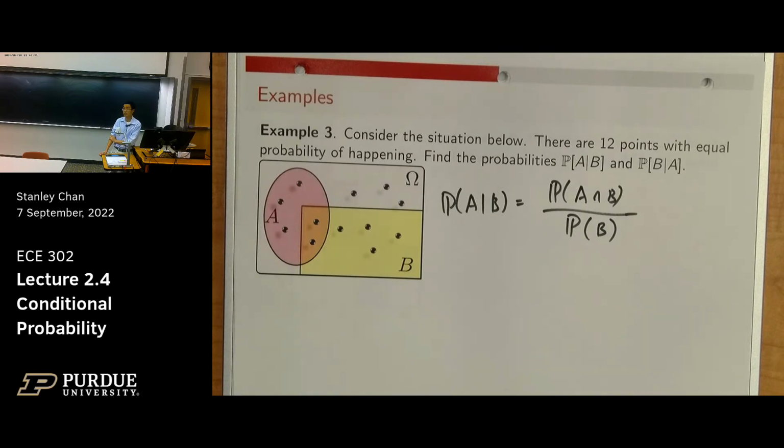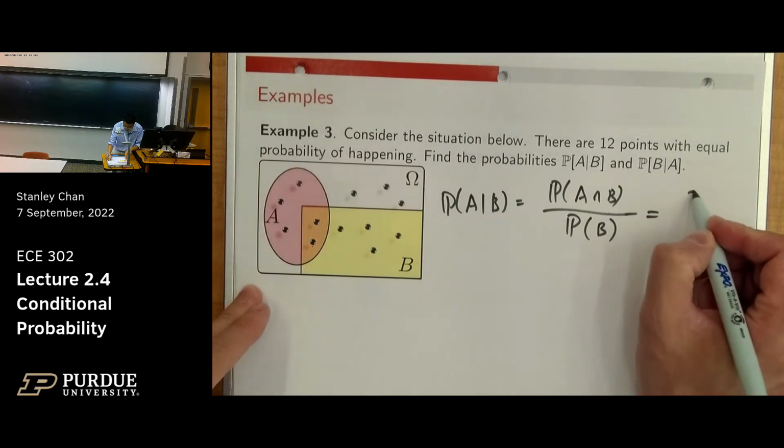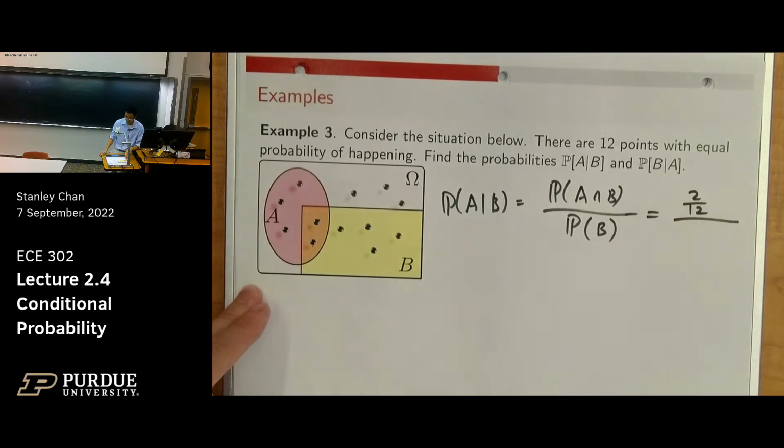What is that probability? 2 over 12. Okay, that's the probability. Which 2? 1 and 2. So these are the 2. So it would be 2 over 12. How about B? I need some help. What is the probability of getting a B?